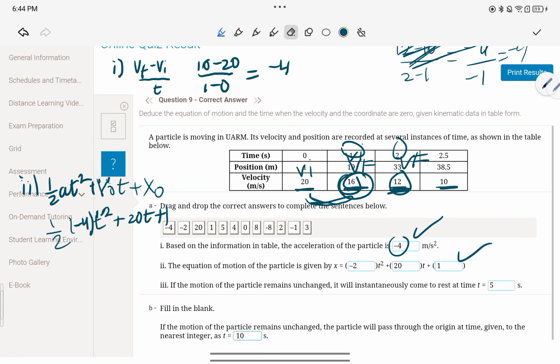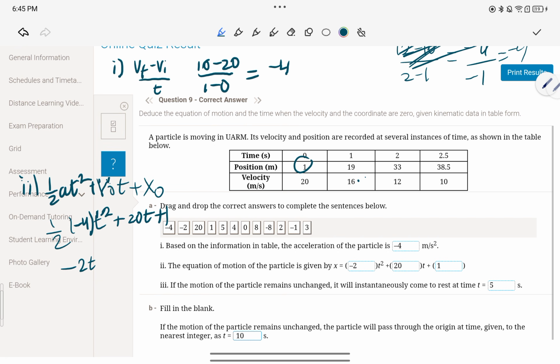Look, because here they said the position is 1. So -2t squared plus 20t plus 1.